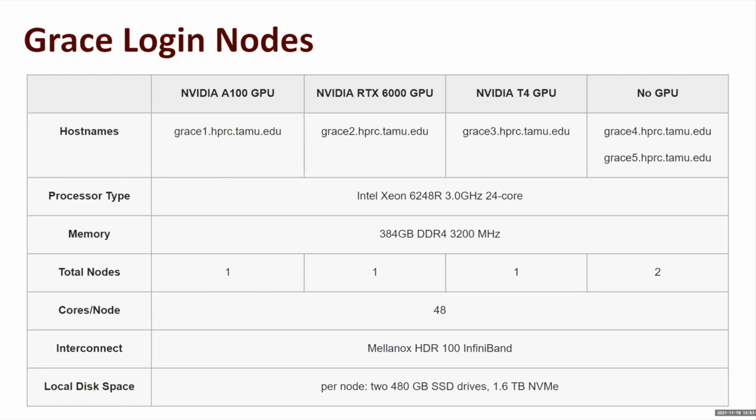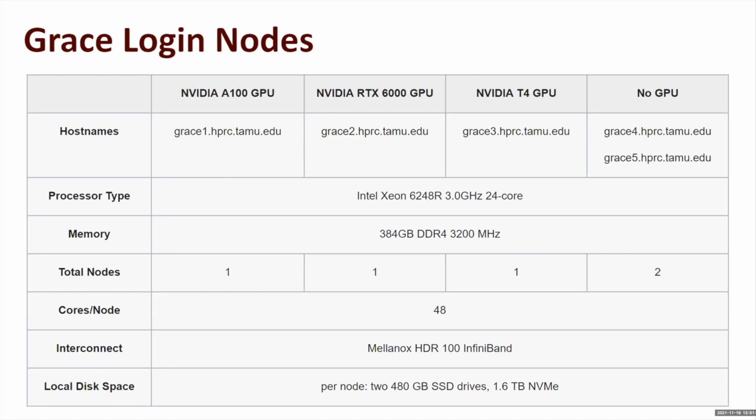Now the problem is if you really want to do GPU-related programming, and unfortunately the system decided on Grace 4 or Grace 5, you need to SSH to Grace 1, so that you know that you are on the right node to do the right thing. But I think by default, a lot of default logins will be Grace 1, I assume.